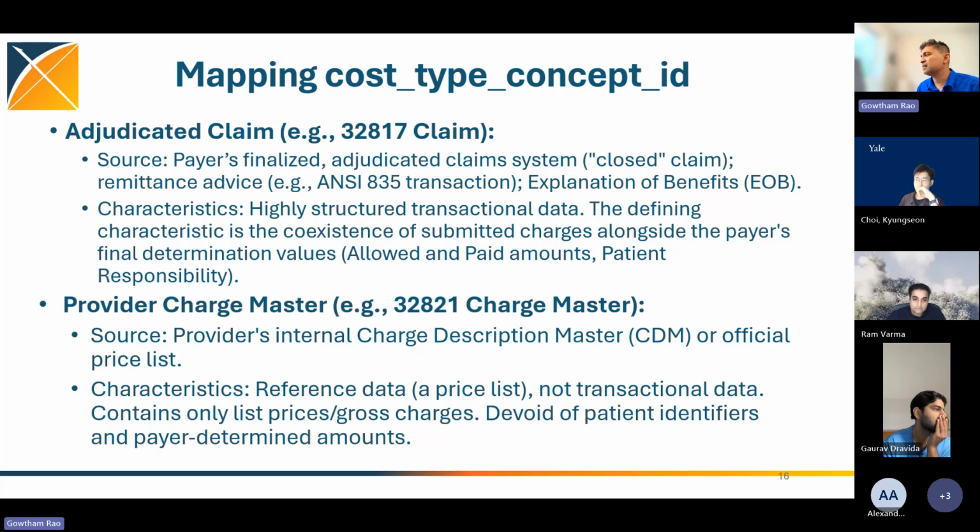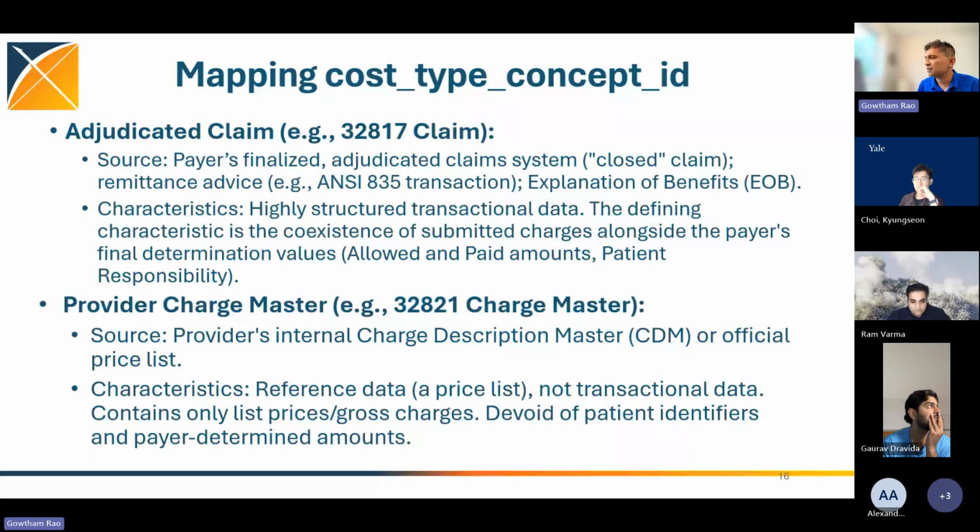Adjudicated claim basically means that it has gone through the payer's adjudication system, where they link the patient's benefits, the provider's rights to bill, and the agreements that are in place, and provides a post-processed data structure.